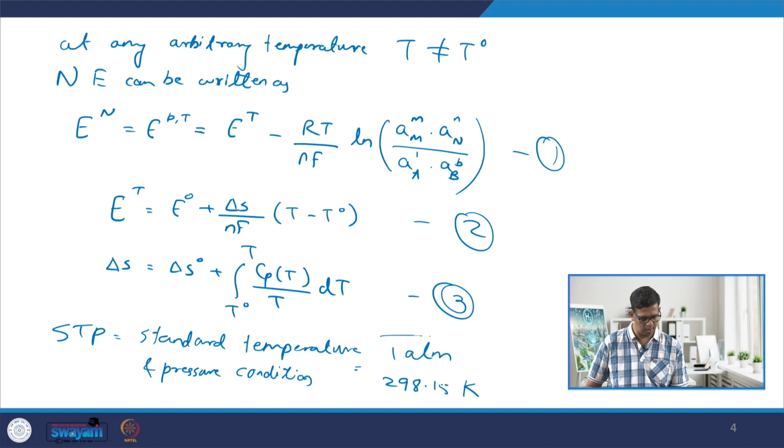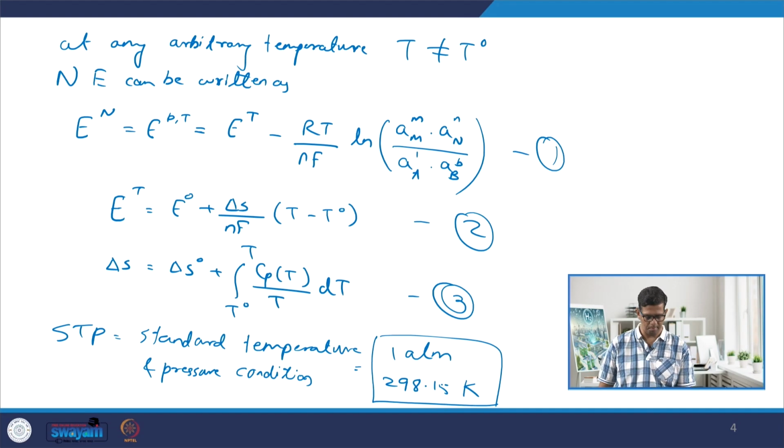This is what the standard temperature and pressure conditions mean. We can also approximate it as 1 bar and 298 Kelvin.